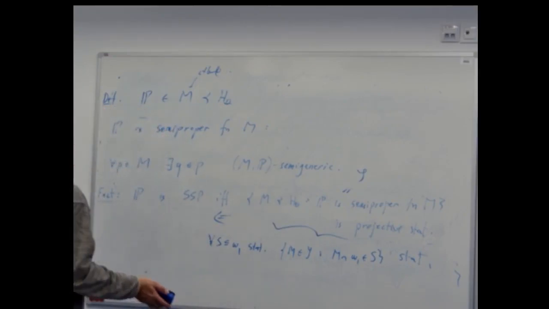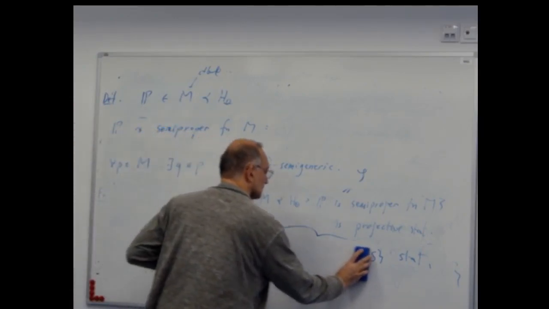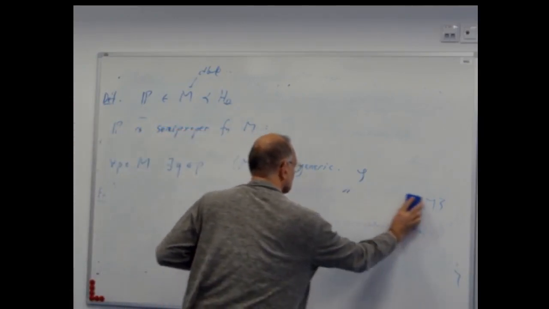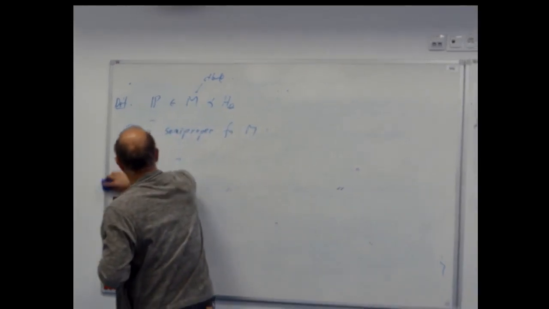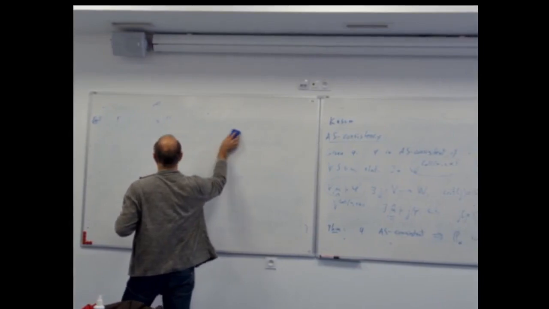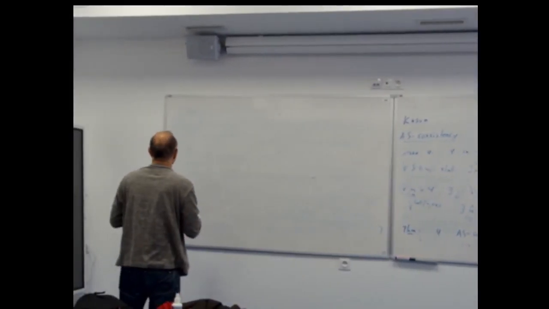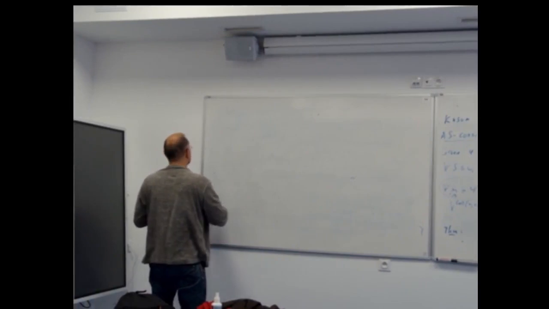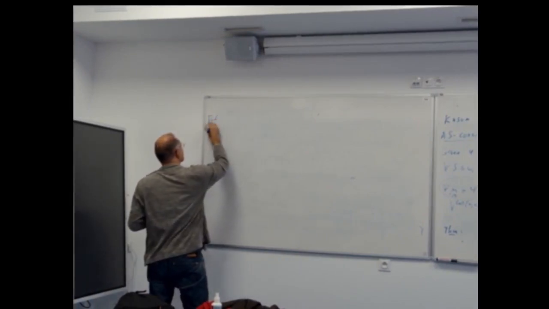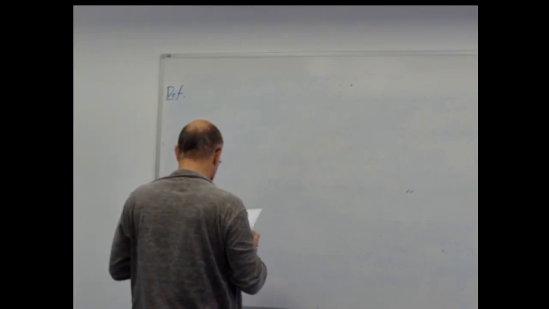So our plan is, this is the definition, but this is basically describing how we're going to prove semi-properness.